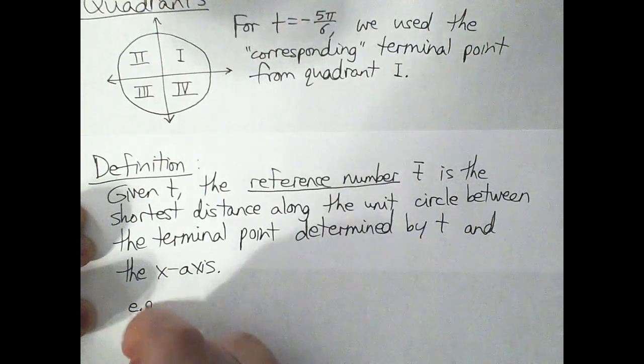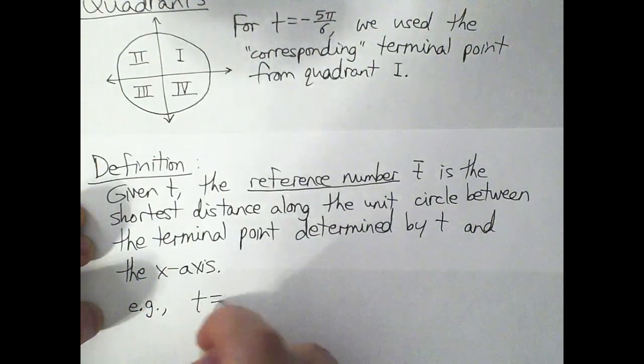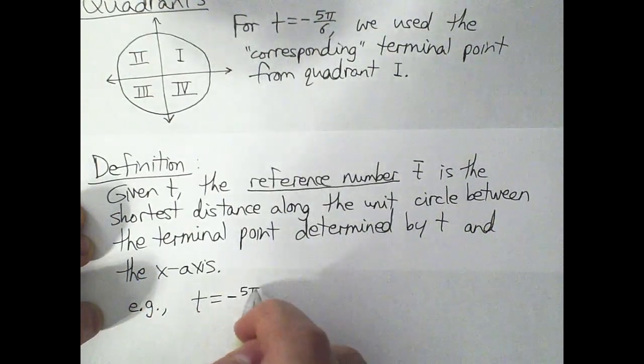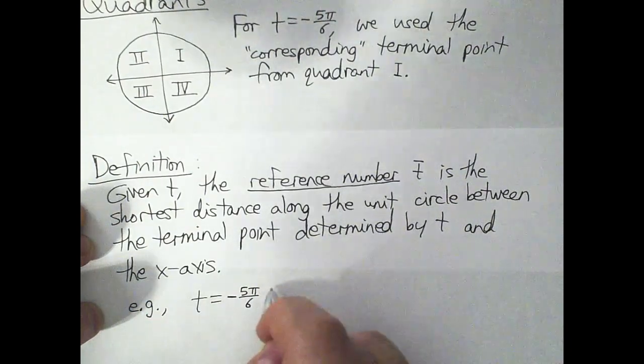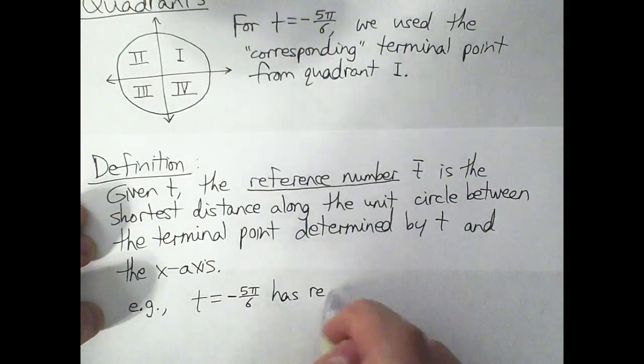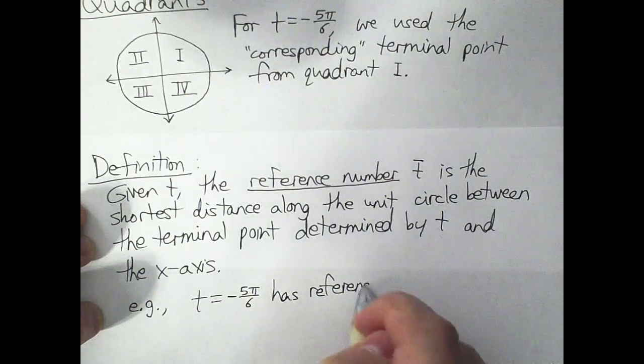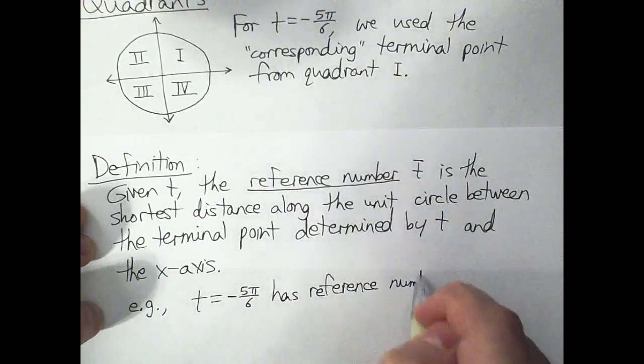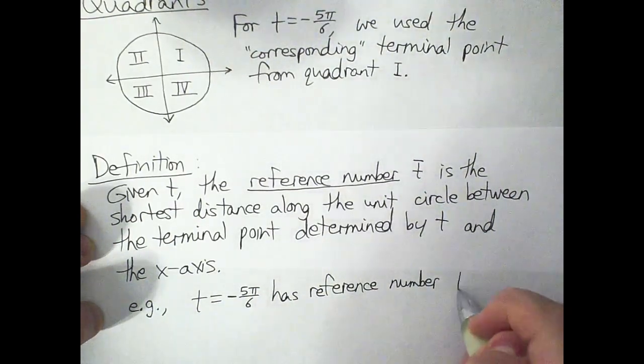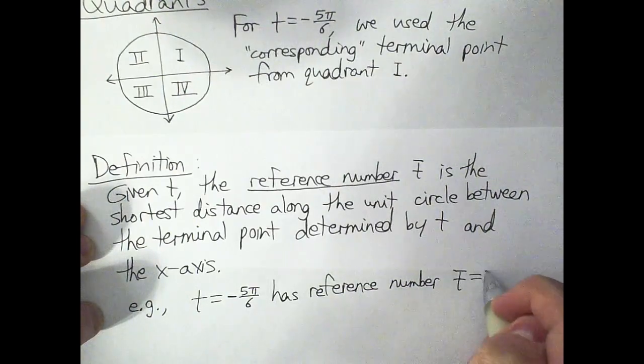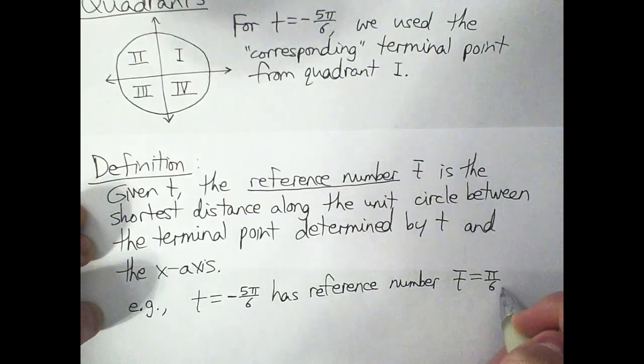For example, t equals negative 5 pi over 6 has reference number t bar equals pi over 6.